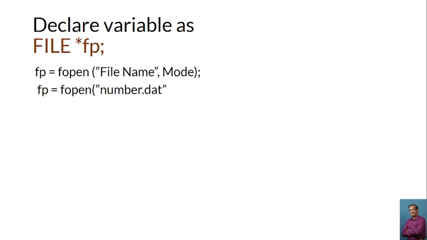For example, if we want to store data into the file whose name is number.dat, then we can attach that file to our fp pointer variable with the help of fopen number.dat, and then we mention the mode. If we want to write data, we mention W. If we want to read data, we mention R. And if we want to append data, we mention A.